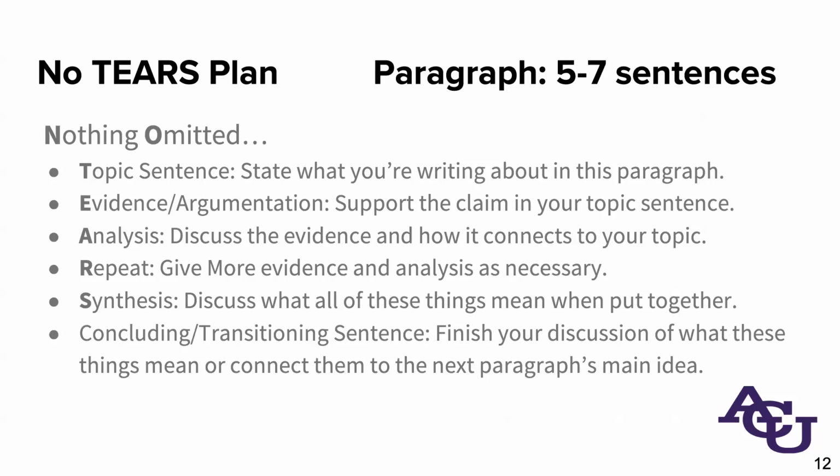Some will be a little shorter, some might be a little longer, but 5 to 7 sentences is enough to make a main point, give supporting evidence, and then we're either going to move on to another instance in a new paragraph, move on to a different subtopic within the paper.